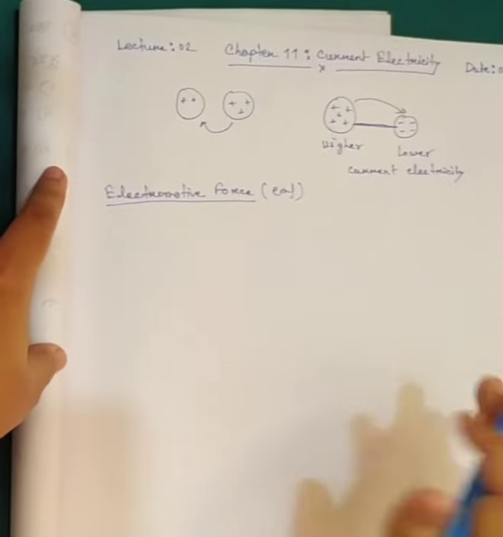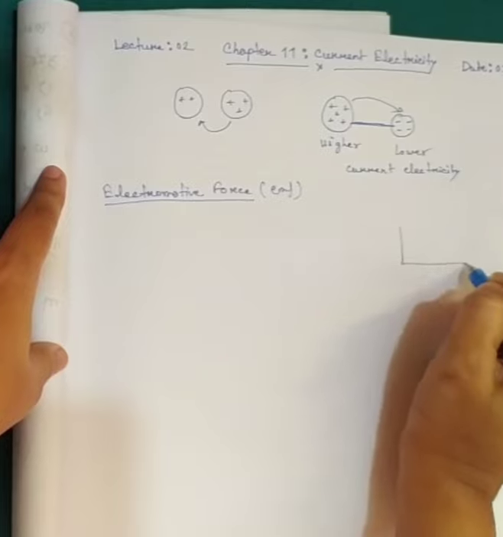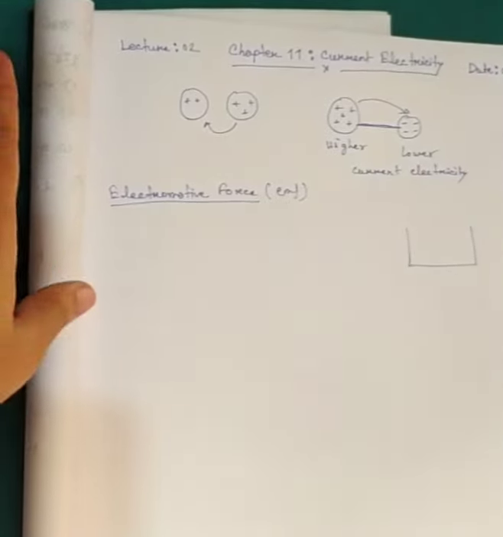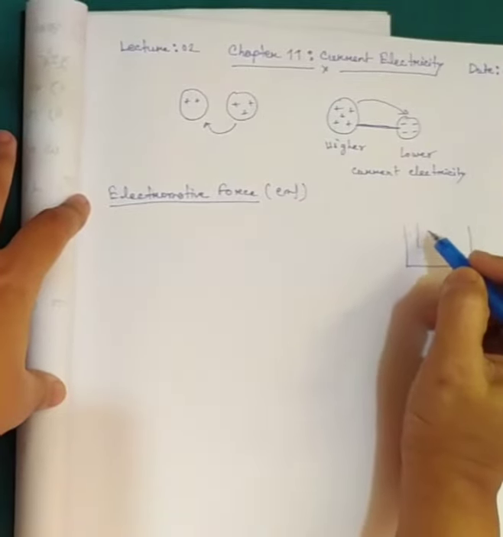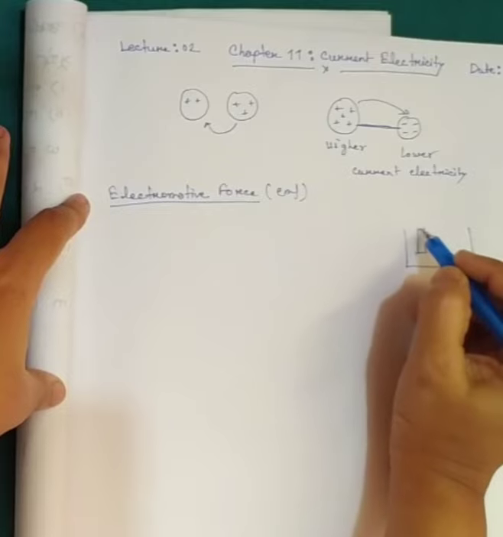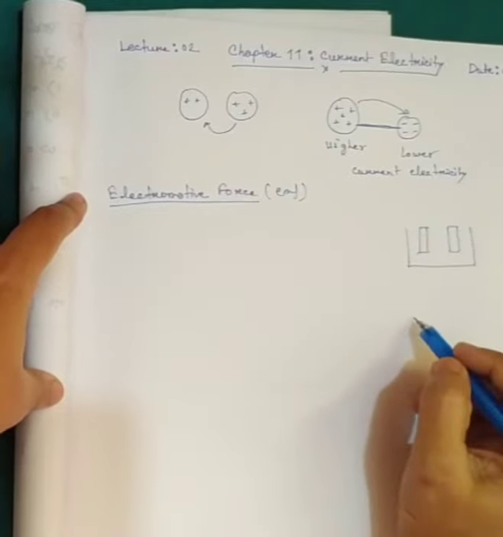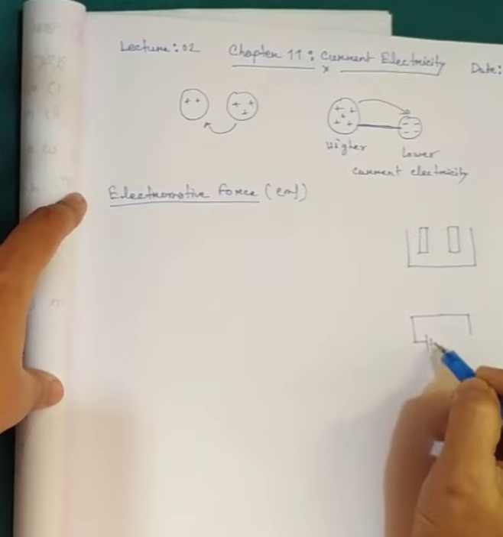For example, a battery is a combination of some chemical elements, and two electrodes are used, a positive end and a negative end. In a circuit, the battery symbol is like this.